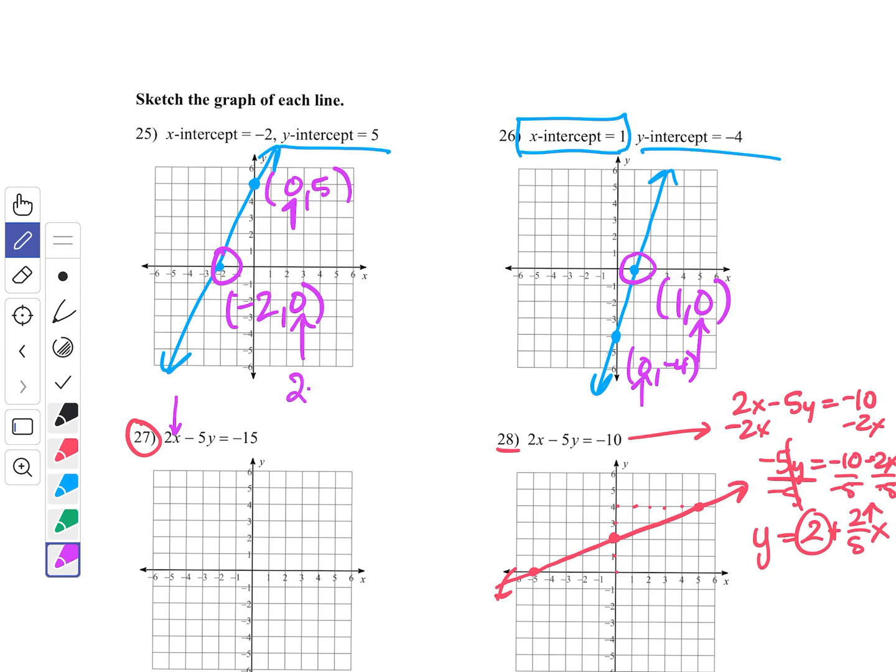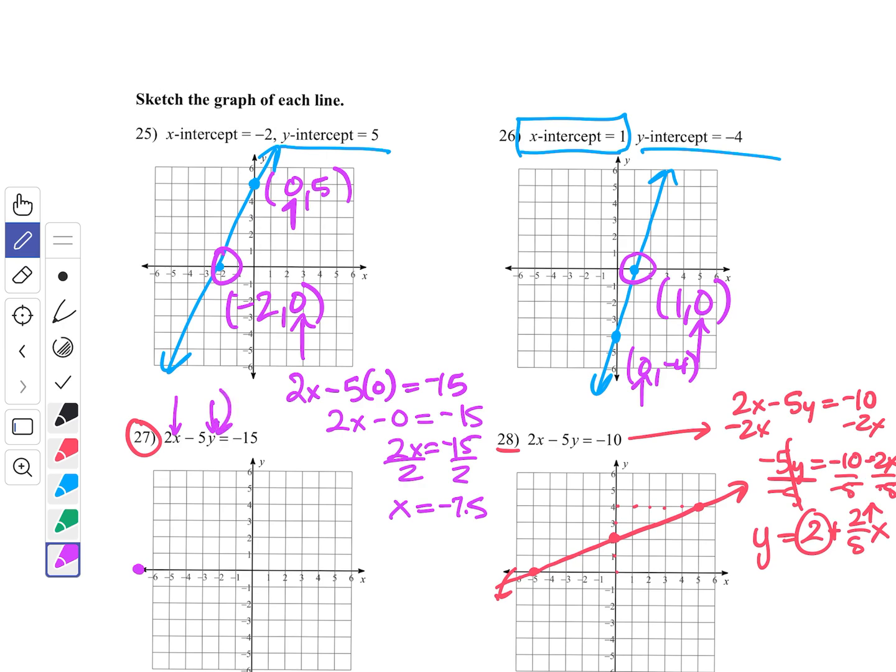If I want to know what the x-intercept is, I make the y equal to 0. So that y becomes 0, then I solve for x. 5 times 0 is 0. 2x minus 0 is 2x. 2x equals negative 15. Divide by 2, and x equals negative 7.5. So on my x-axis at about negative 7.5, I draw my point.